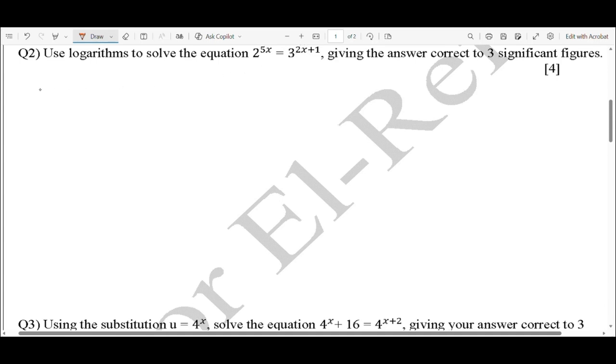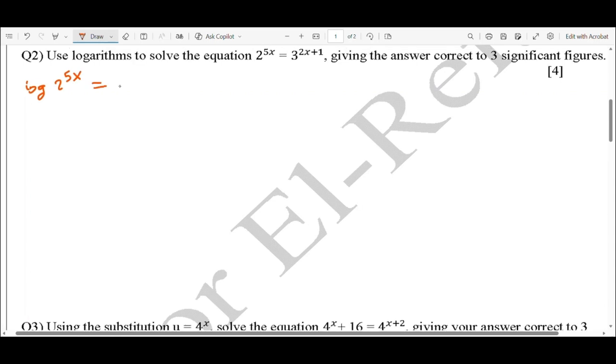I'm going to say log 2 to the power 5x equals log 3 to the power 2x plus 1.